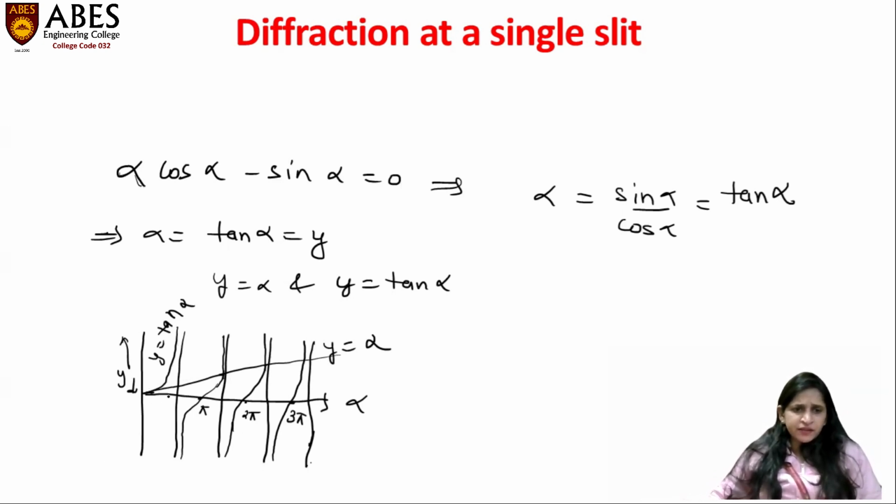Then what are these values? This is pi by 2, this is 3 pi by 2, this is 5 pi by 2, this is 7 pi by 2.